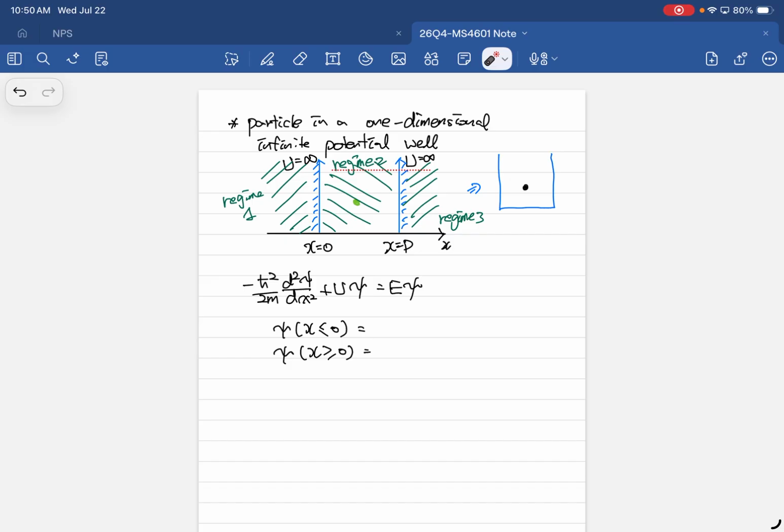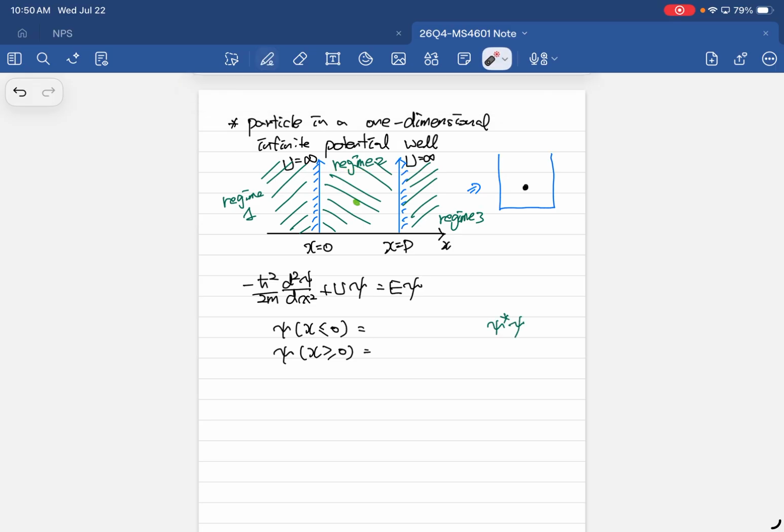So in other words, what is the probability of finding the particle at any location? That is determined by the probability density function, given as psi star psi.